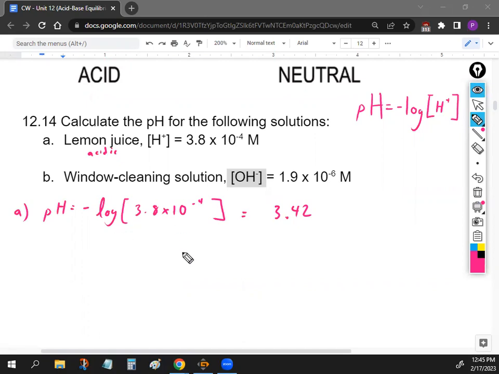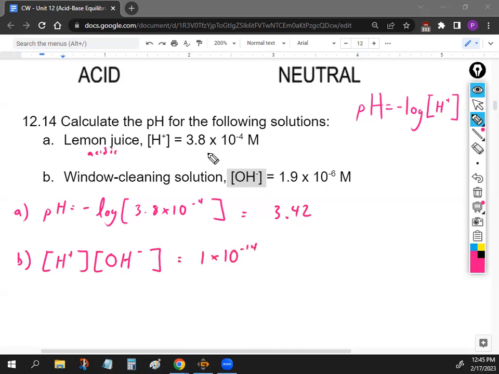Okay. All right, let's go to part B now. So for part B, you have the hydroxide concentration, so you can't just plug this in exactly the way it is. Instead, hopefully you guys remember from last time that the concentration of H plus times the concentration of hydroxide is always going to equal 1 times 10 to the negative 14.